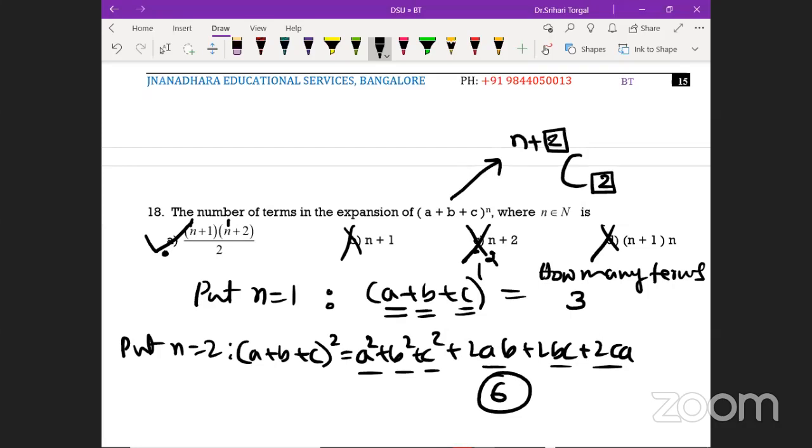Right? What is the answer when it is a plus b whole power n? We have n plus 1 number of terms, right? n plus 1 C1.